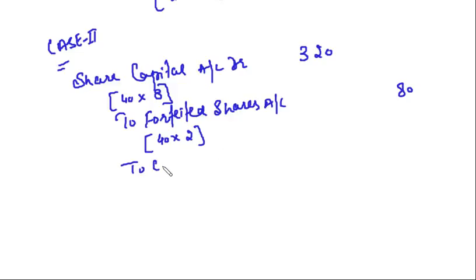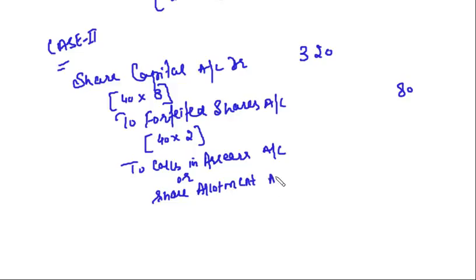And to calls in arrears account, or share allotment account and share first call account. Right? So either you will write calls in arrears account or you will write share allotment account and share first call account, because there are two calls that are pending.